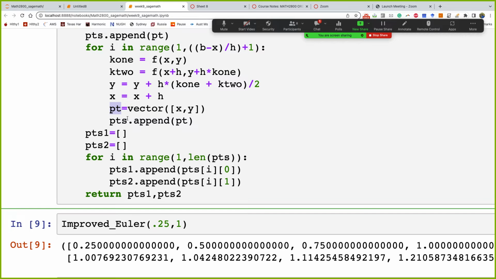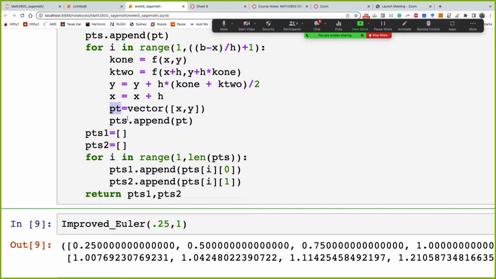The first, what is this? Column. Yeah. The first column I will call x's or pts1, and the second one I will put inside pts2. And after, return pts1, pts2, then print it. Right.